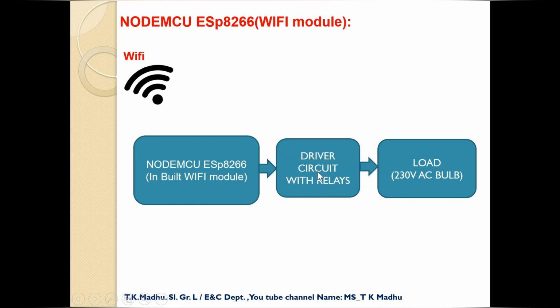So this driver circuit will increase 3.3 volt to 5 volt or 12 volt as per the relay specification. With the output of relay contacts, we can give power to the 230 volt loads.